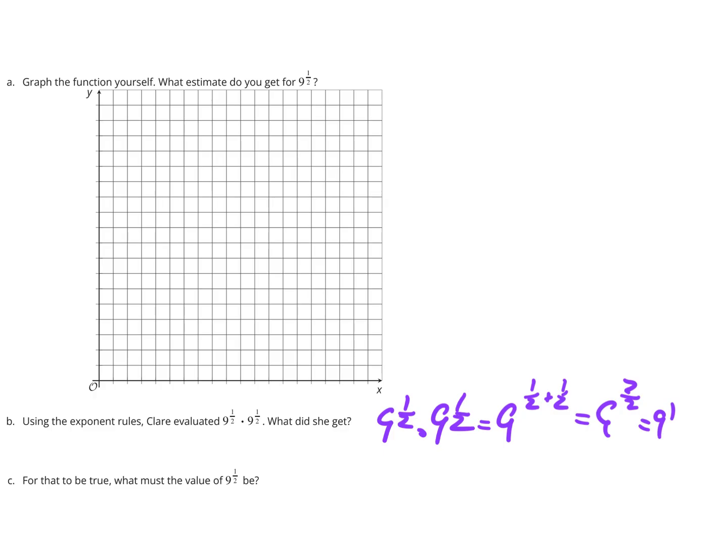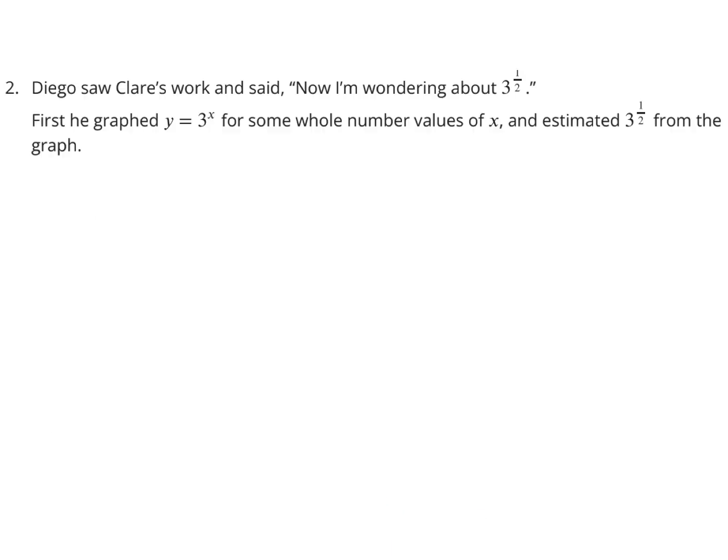So, for that to be true, what must the value of 9 to the 1/2 be? The square root of 9 must be 3 because 3 times 3 equals 9. Any number written is automatically assumed to be to the first power. So if I had to write it like that, that might be a better explanation.